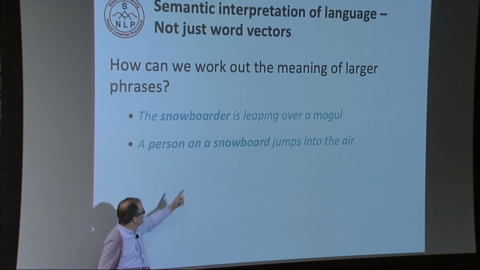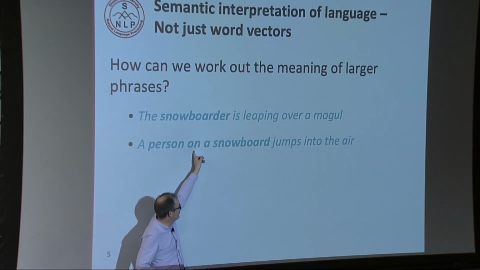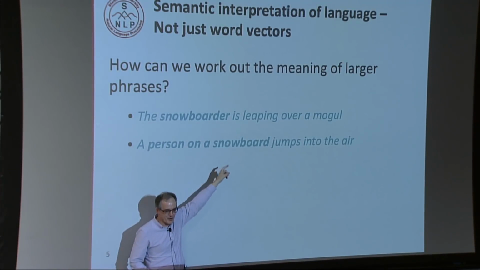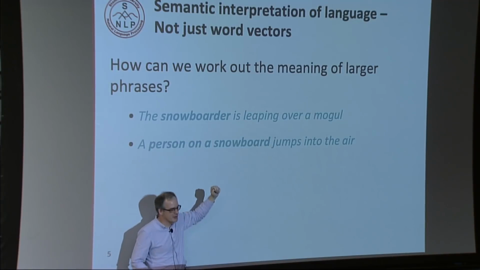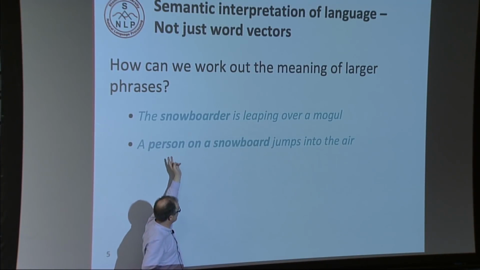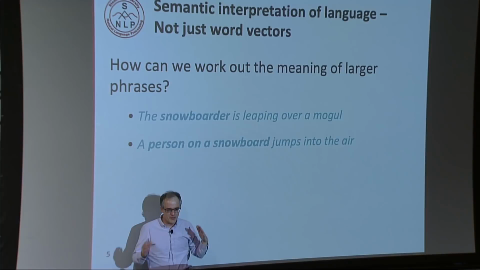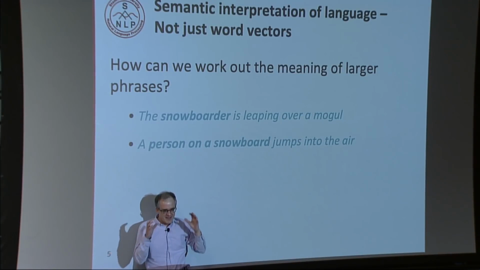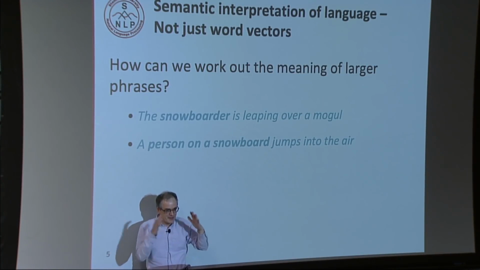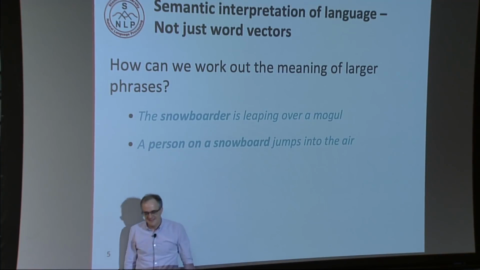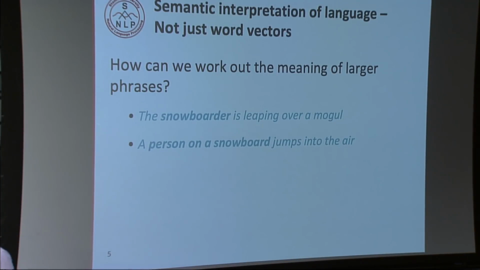People know the word person, they know the word on, they know the word snowboard, therefore they can work out what on a snowboard means, and they can work out what person on a snowboard means by knowing the meanings of the components and putting them together into bigger pieces.